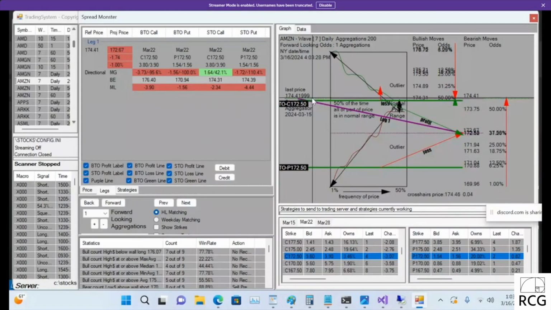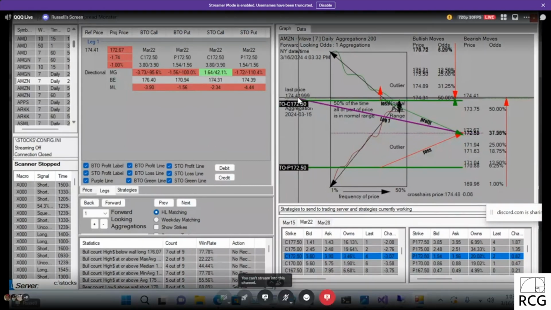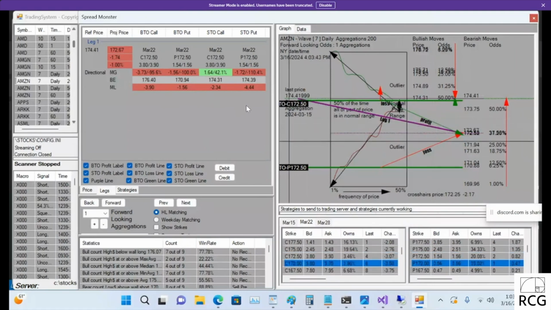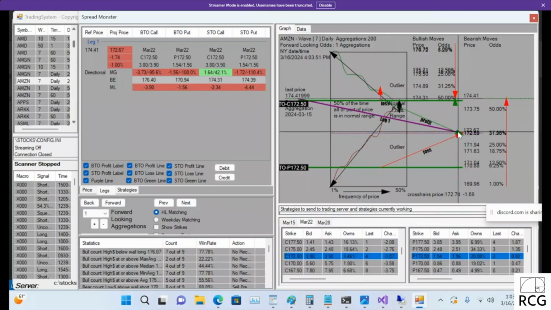So from this last price of 174.41, 174.42, if we move down, the lower we move and the longer we stay down here, the more of the maximum gain is captured. It's saying right now, if there's just a quick hit down to this level, and whatever happens next happens, if we go down to that level, we'd be able to capture $1.64 on that 172.50 call.